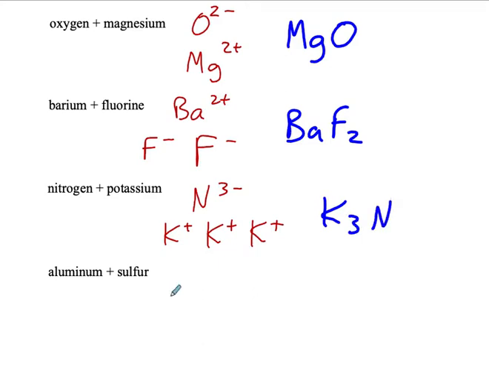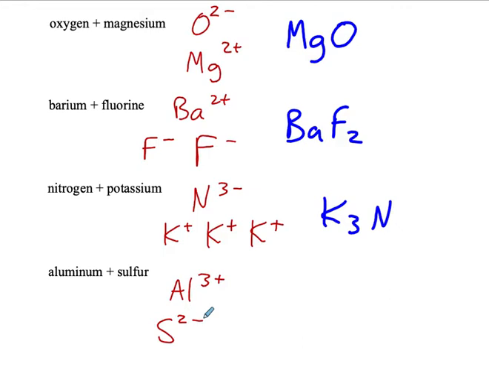Aluminum has 3 valence electrons. It loses them to form a cation with a 3+ charge. Sulfur needs 2 electrons to fill its valence shell. It forms an anion with a 2- charge. If I have a 3+ charge on my cation and a 2- charge on my anion, I have to ask myself, what's the least common multiple of 3 and 2? Well, it's obviously 6.